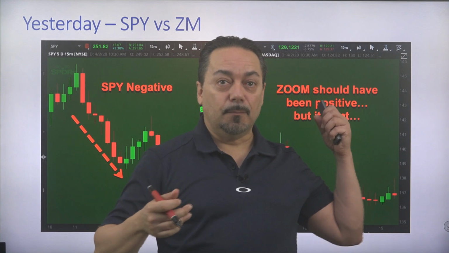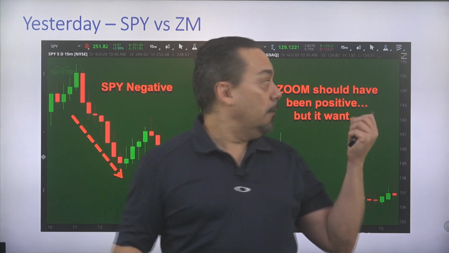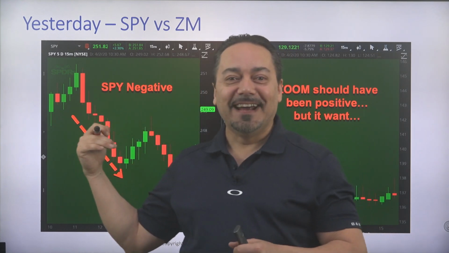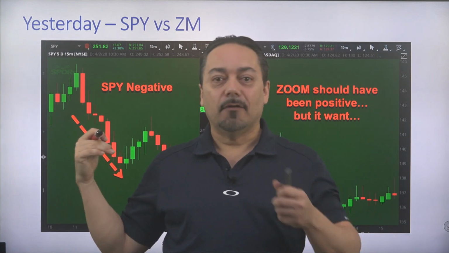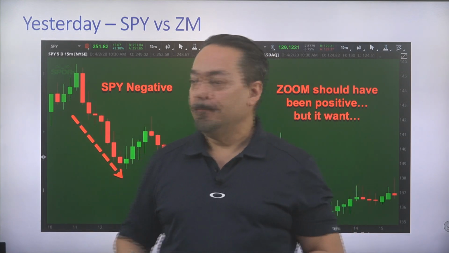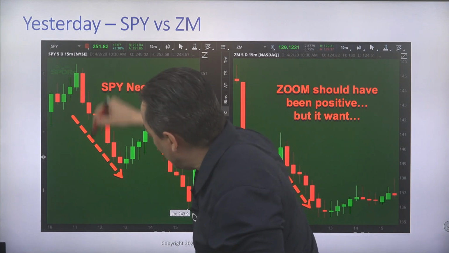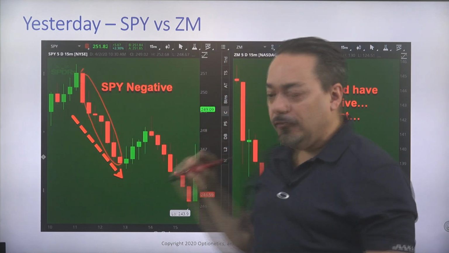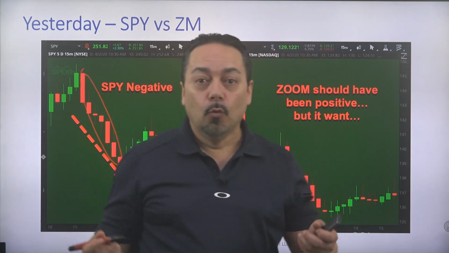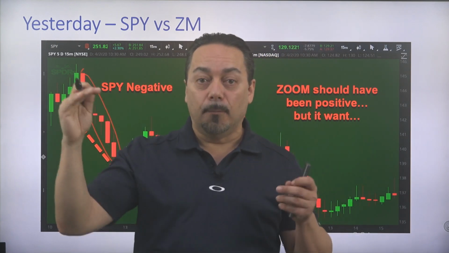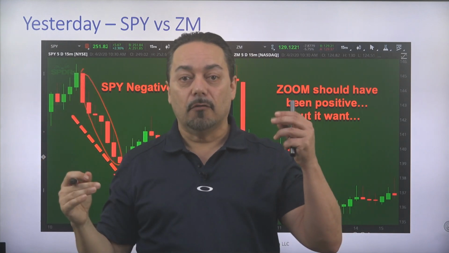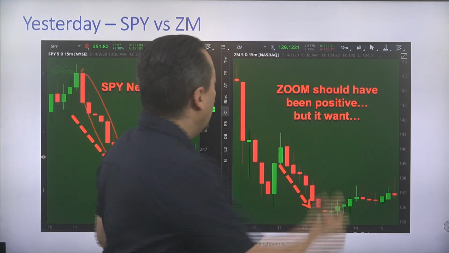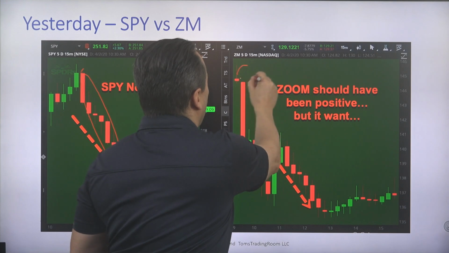Now, yesterday I saw this popping up, and I wanted to share this with you before we get into today's subject. S&P 500 over here on my right, your left. The S&P was moving down yesterday, between 11 and 12 o'clock. It was down on the day. Interestingly enough, Zoom, which I'm used to seeing going up when the markets go down and down when the markets go up, did an about face yesterday as it was trading around $145 a share.